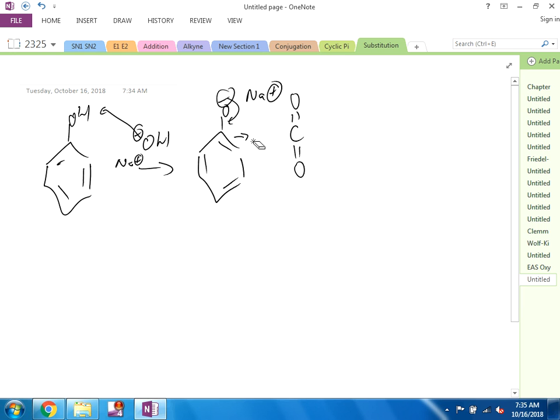So I'm going to take these electrons right here, and rather than depositing on the carbon, I'm going to make a bond here and break this bond right here. So this part right here is technically an electrophilic aromatic substitution, even though the system was electron rich. This is the addition product right here.